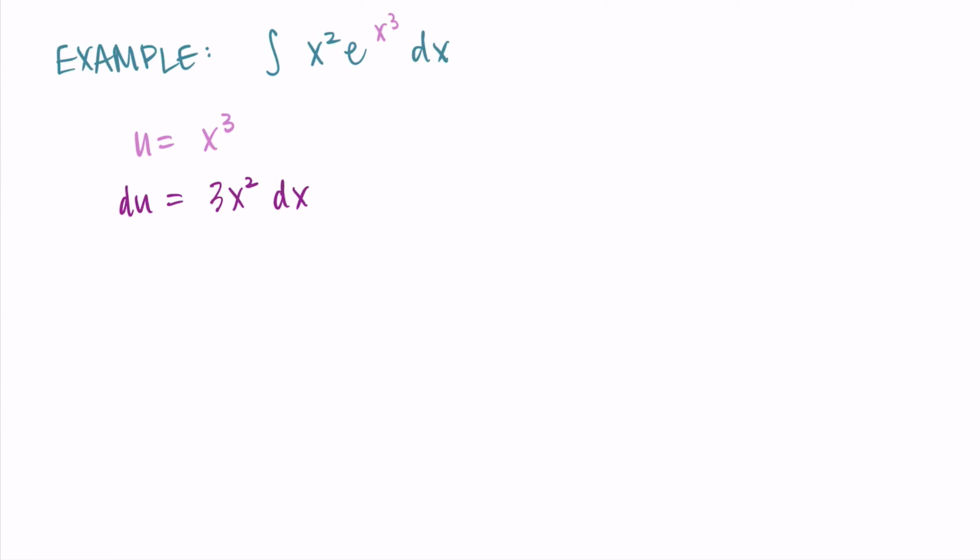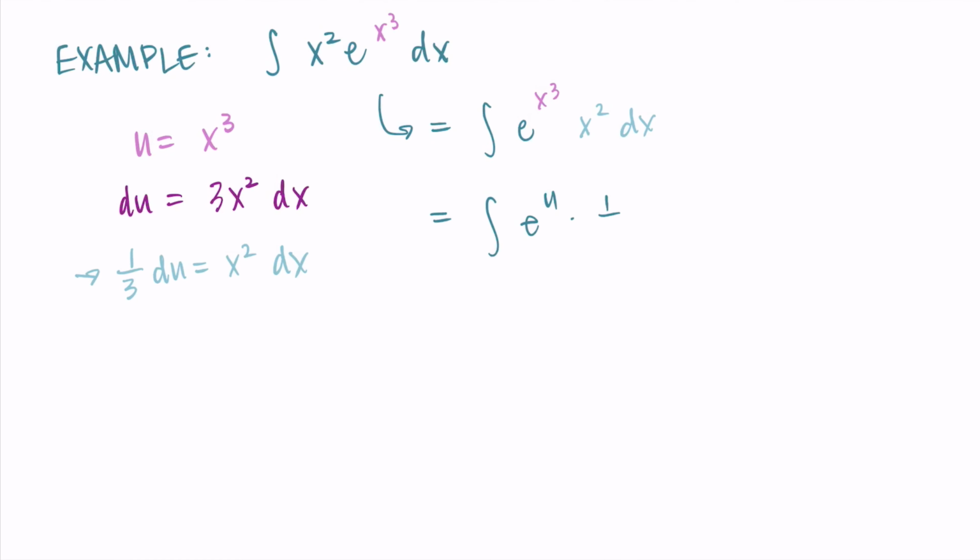I'd really like if I just knew what that was. So you could divide the du equation by 3, and so you're getting that 1/3 du is equal to x squared dx. Then in your integral, you can just replace that whole x squared dx with 1/3 du, and then solve the integral that way.